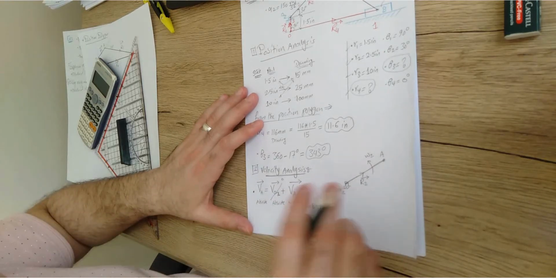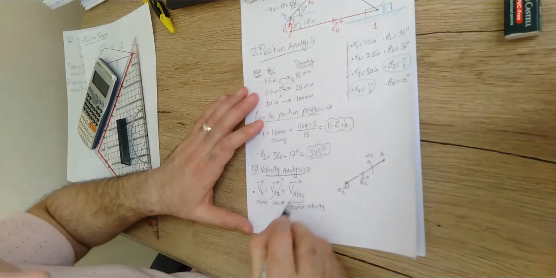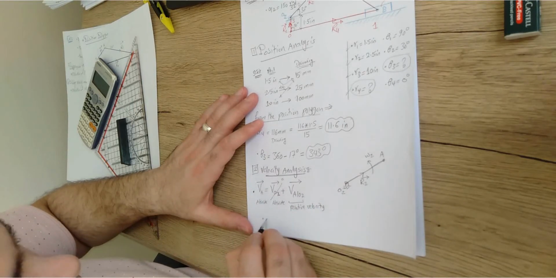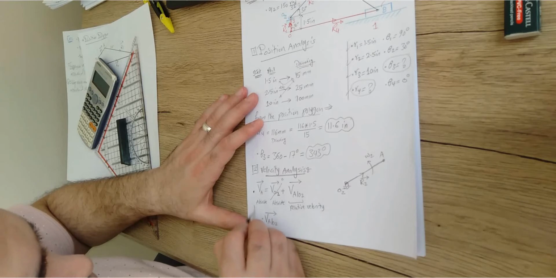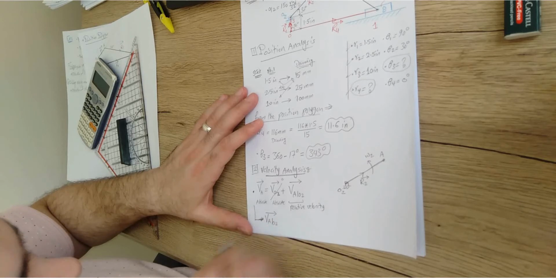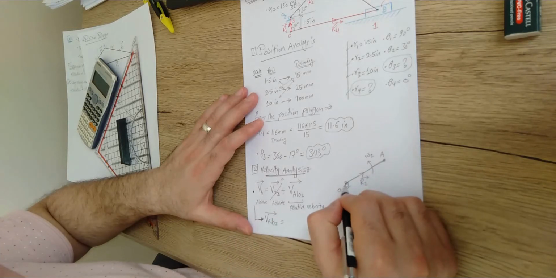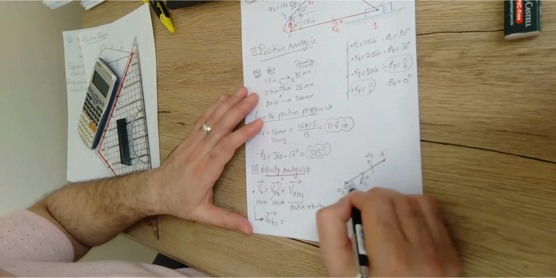Remember that we're still working over the first link. This relative velocity has an equation which is commonly known: VA relative to O2 vector. You should understand that we're still working over the same link.